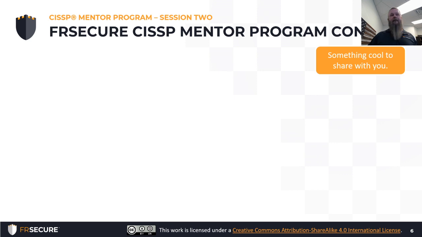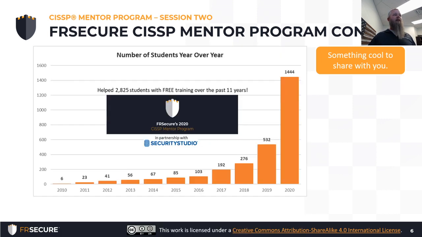Something cool to share with you. We put together some information about just the mentor program. This year is more popular than any other year. So we put this together. It's just kind of cool to see the growth. It's neat because there's no strings attached, so you kind of feel good about that. And this is you guys. So 1,444 people registered for this year. So it's really, really neat.